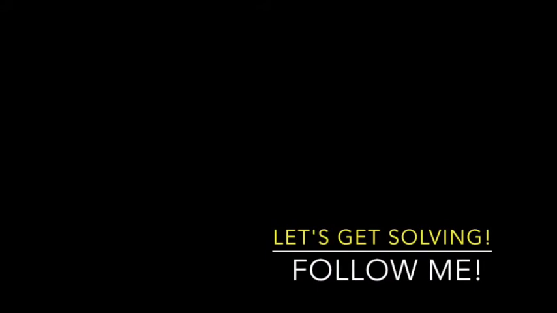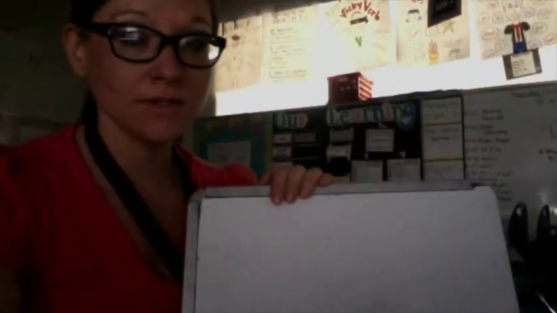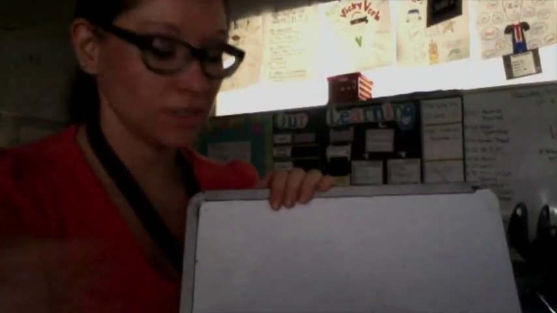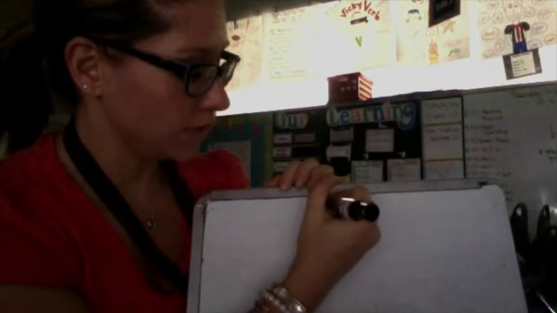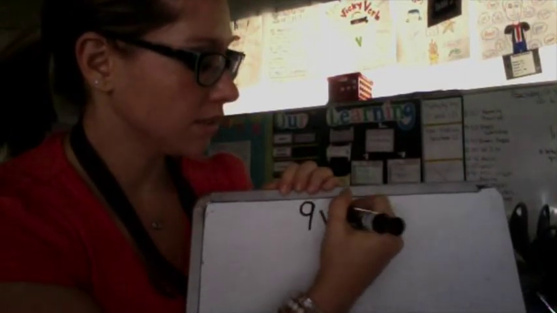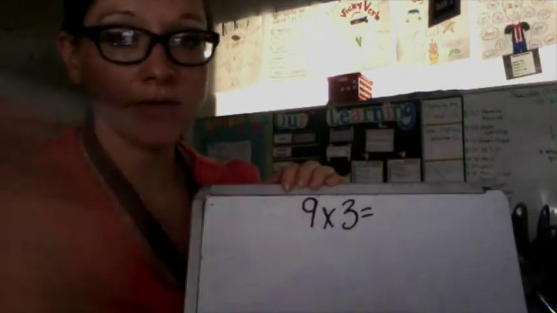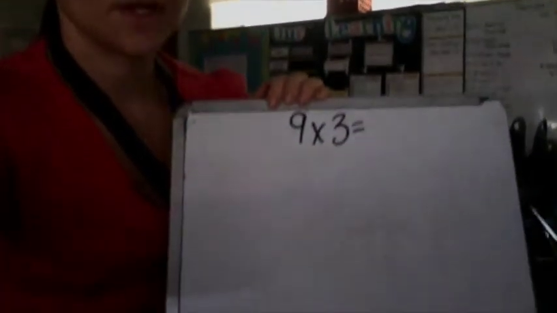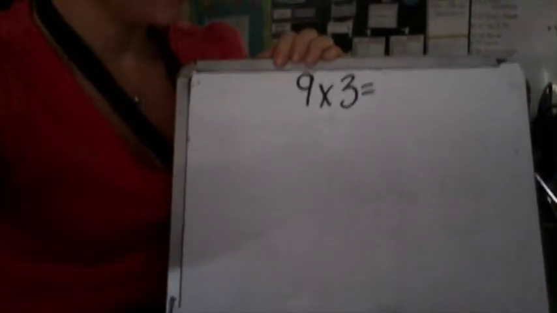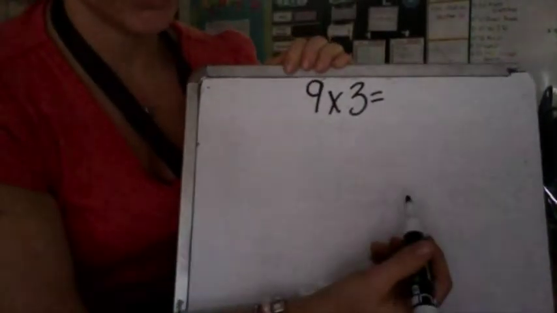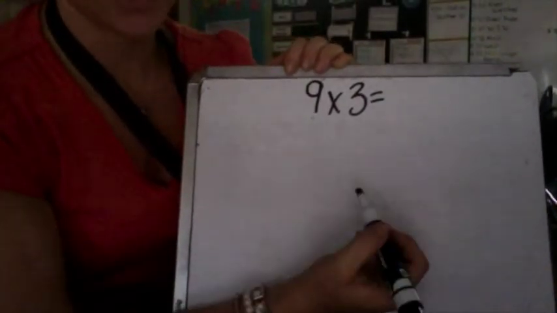Please follow me. Let's go ahead and just do a couple examples with our equal groups. Let's go ahead and do the 9 times 3, please. 9 times 3. Go ahead and write that on your board. So that's written horizontally. Now what I'm going to do first is I do not want to make 9 groups.